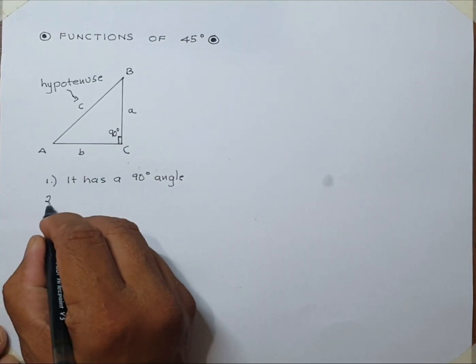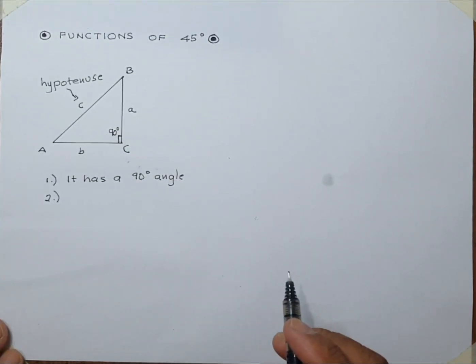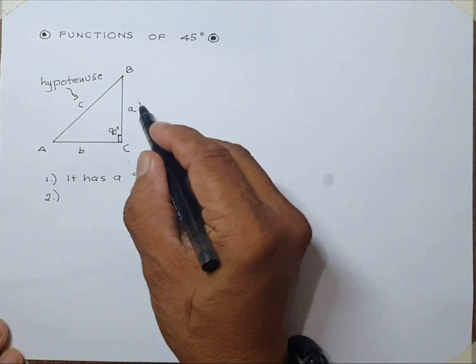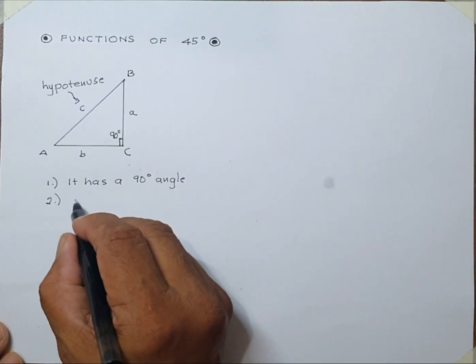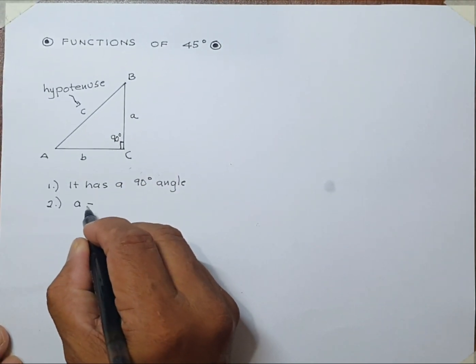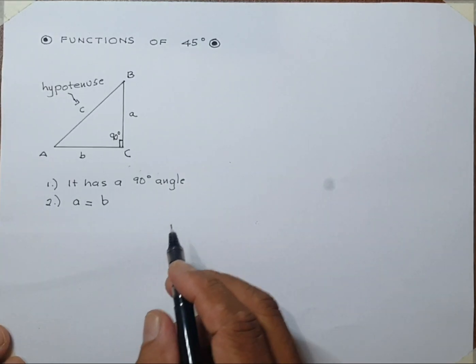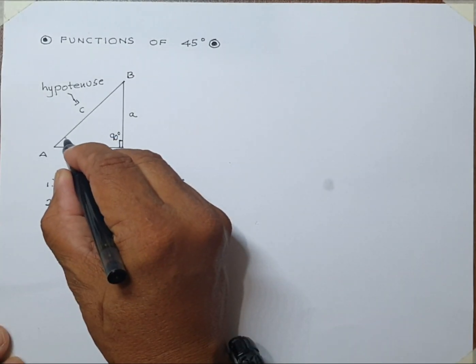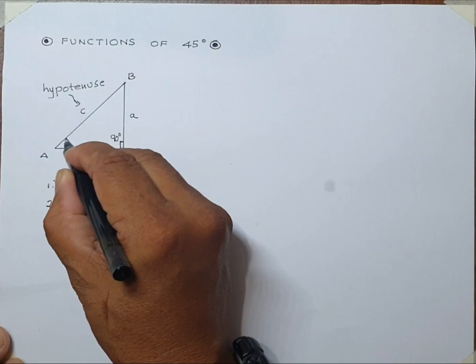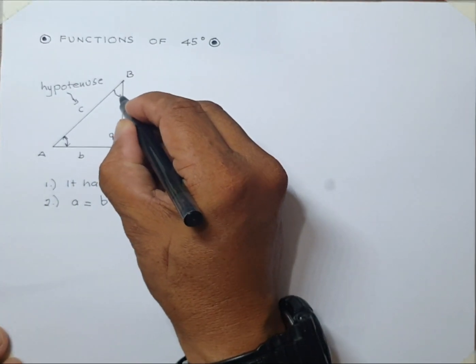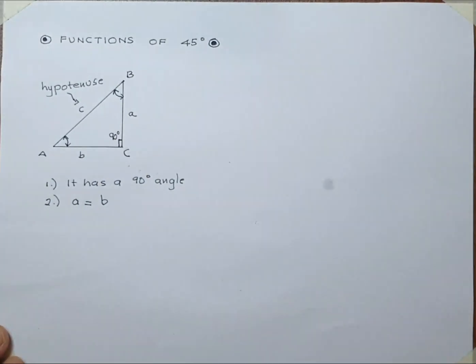Another property of an isosceles triangle is that the other two sides are congruent. So A is equal to B. And correspondingly, the two angles are also congruent. The other two angles are also congruent.